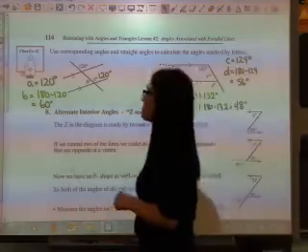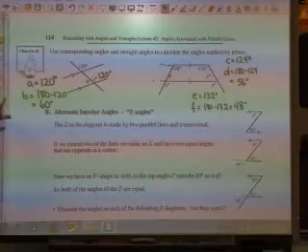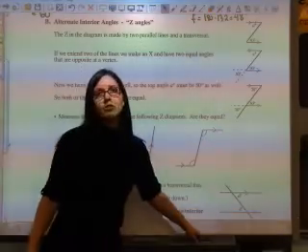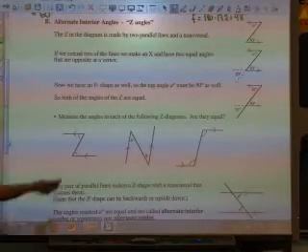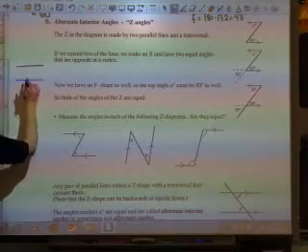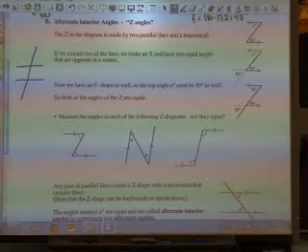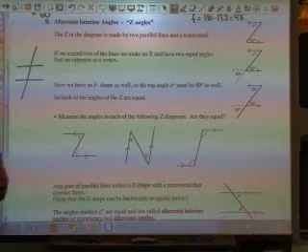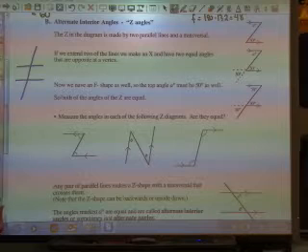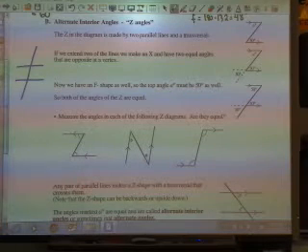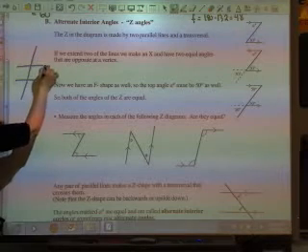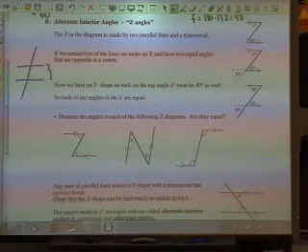Okay. The next type of angles that we have are alternate interior angles. So let's think about the wording of this. Alternate interior. So if these are my parallel lines and there's my transversal, interior means, how do I define that word? Inside. So if I'm talking about inside, I'm talking about this part in here.